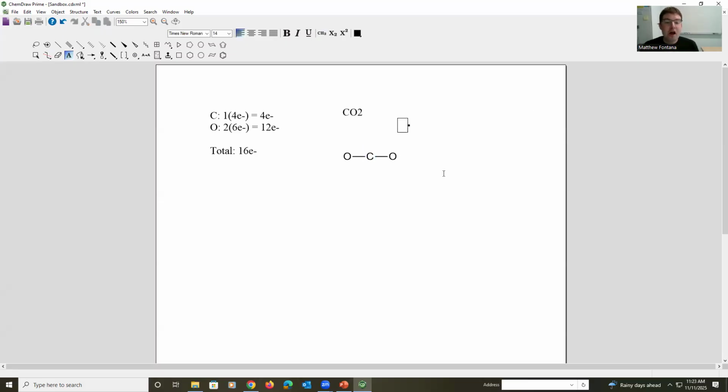Okay. So you start off with your carbon in the center, and then it's single bonded to an oxygen atom, and then single bonded to another oxygen atom. As we look at this here, we notice that carbon does not have an octet because it has 2 and 4 electrons associated with it.